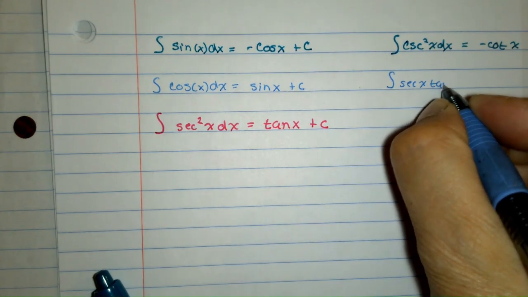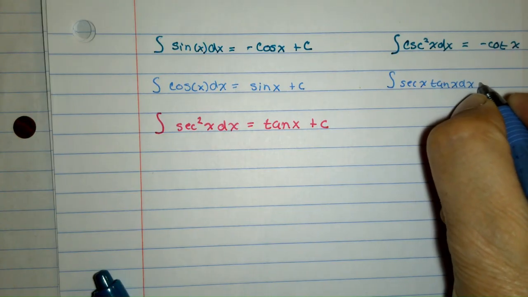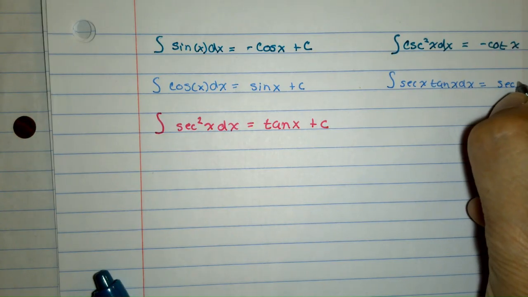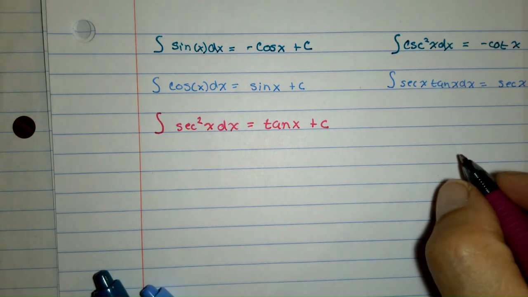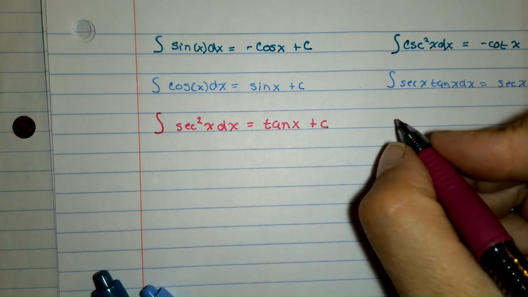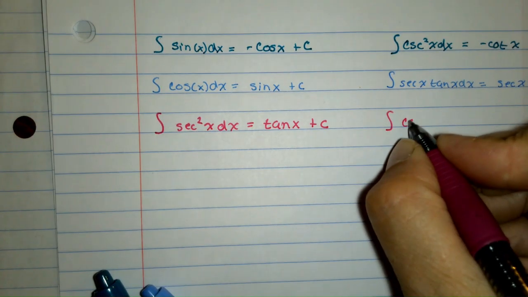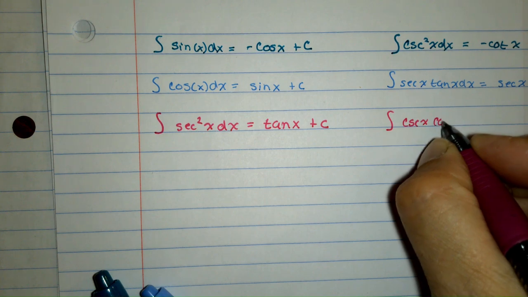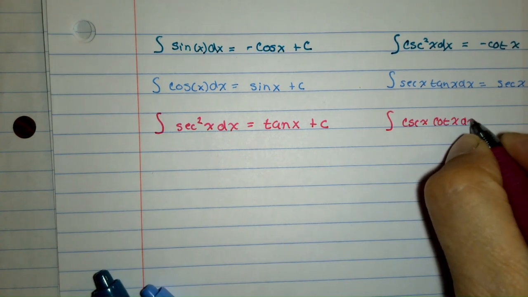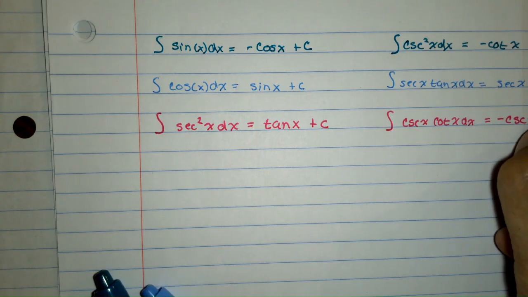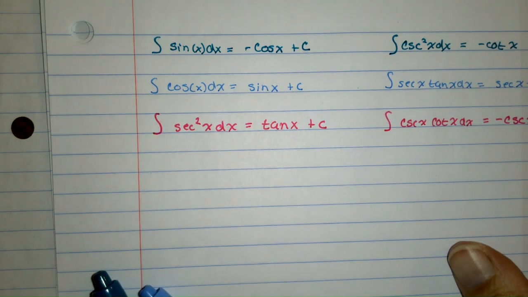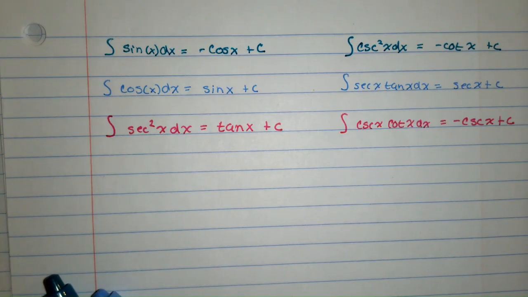Secant tangent was the derivative of secant. Cosecant cotangent was the derivative of negative cosecant. And some of these you can work out by changing them back into sine and cosine terms and things like that.